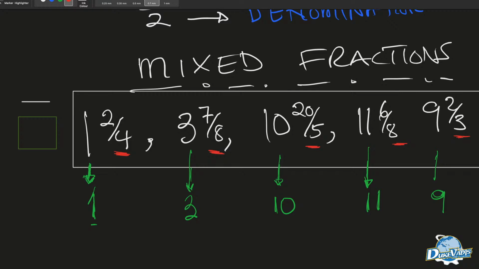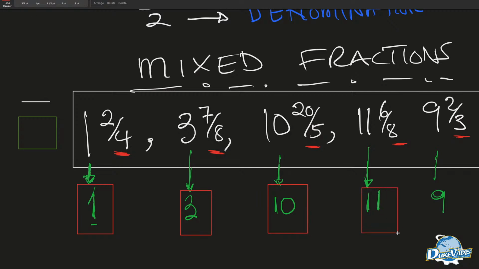Now, we have seen that we have numbers: 1, 3, 10, 11, and 9.